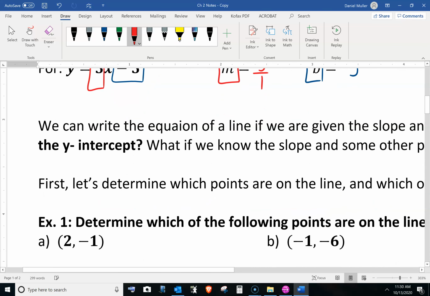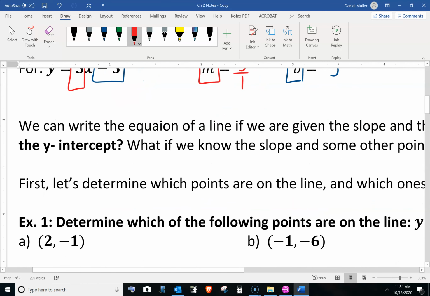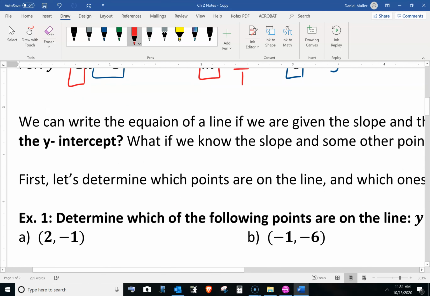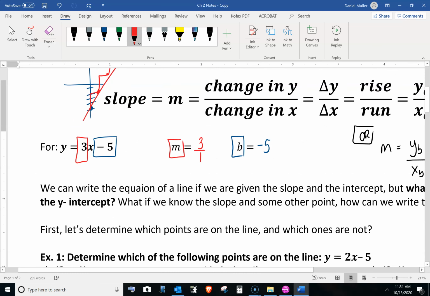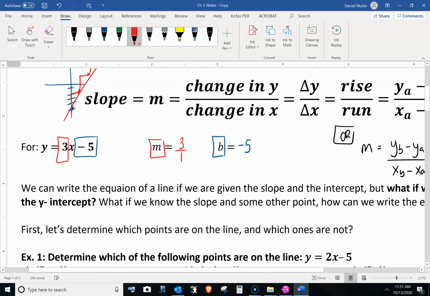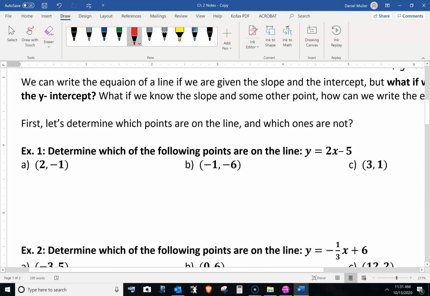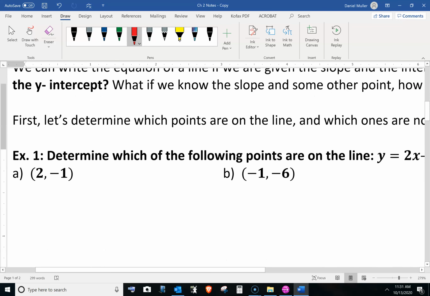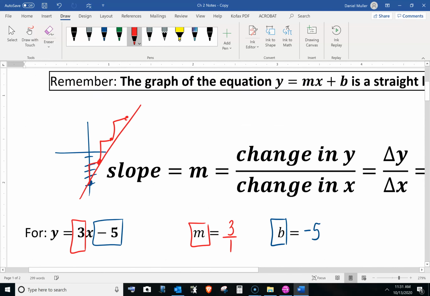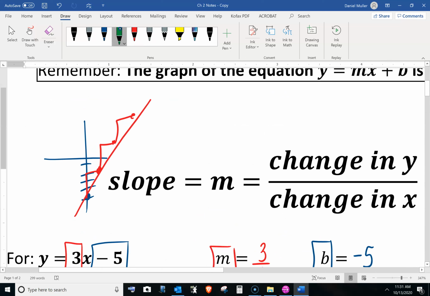Now we want to continue. We want to write the equation of the line, but first, sometimes we just want to determine whether a point is on the graph. Say there's this graph that I drew, and I ask, is the point -2, 1 on the graph?